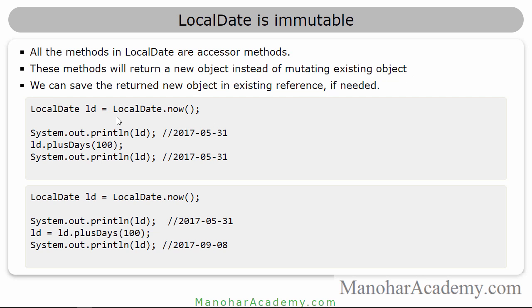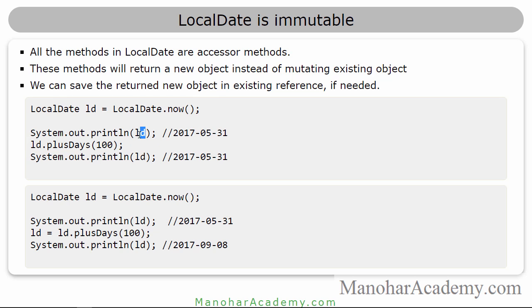So here if we see, we have created a local date object, then we are printing that. So today is May 31st, so it has printed May 31st. Then I am invoking a method called plus days, so it is going to add 100 days to May 31st. Then it won't mutate the existing object.